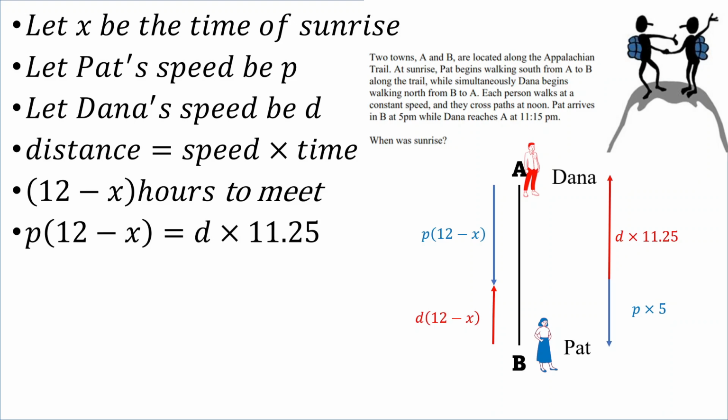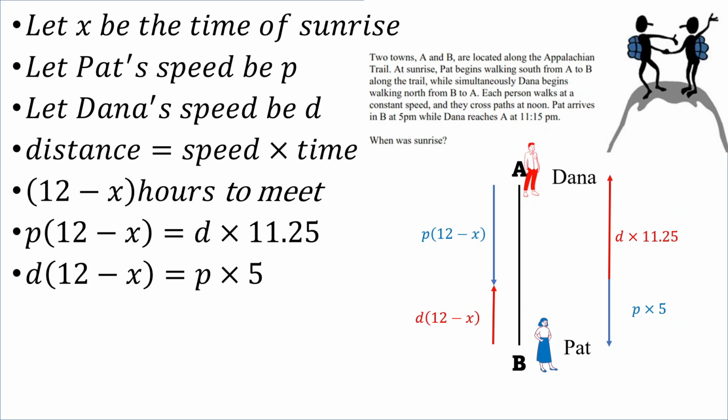Similarly, the distance that Dana traveled before noon will be equal to the distance that Pat traveled after noon. So D times 12 minus X will be equal to P times 5. So currently we have two equations, but there are three unknowns, P, D, and X. Let's see if we can eliminate some of those.